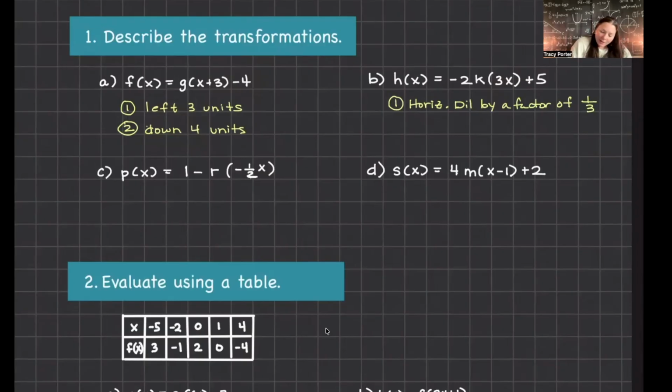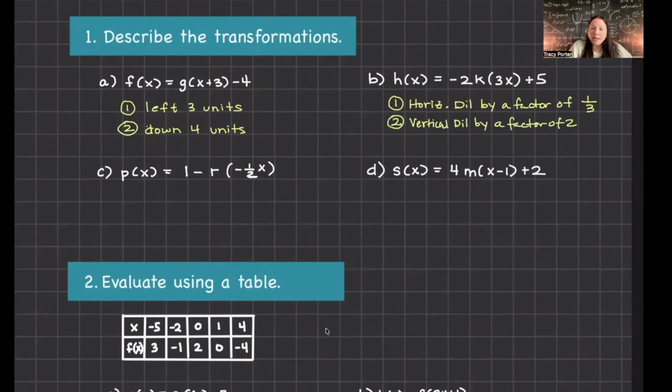Now, this 2 and the minus, right? The -2, that's actually doing 2 different transformations happening really at the same time. So you can kind of describe them either way. So we can say that you have a vertical dilation by a factor of 2.